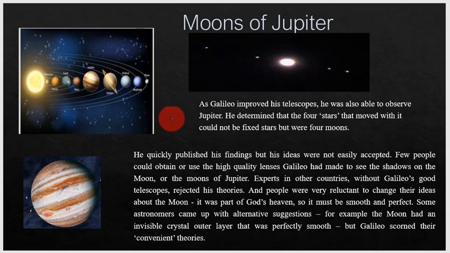And he determined that the four stars that moved with it could not be fixed stars, but were actually four moons. Okay, and what they also indicate is that these moons would orbit Jupiter.